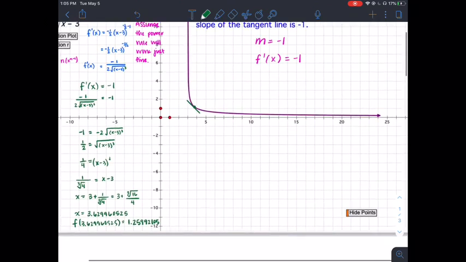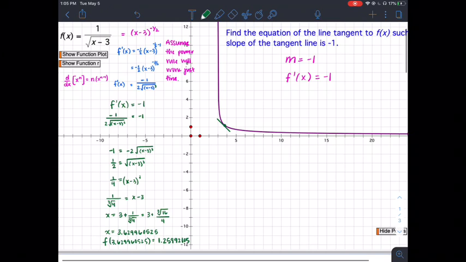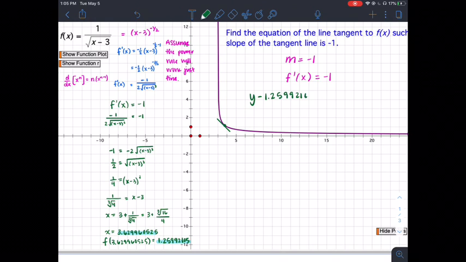So altogether, my tangent line slope is -1. My point is 3.629960525, comma, 1.259921050. So y minus 1.259921050 equals -1 times x minus 3.629960525.